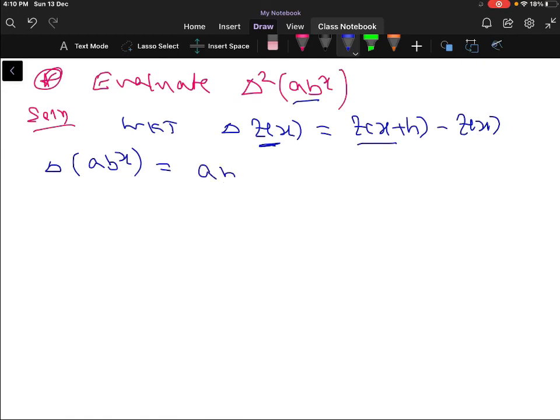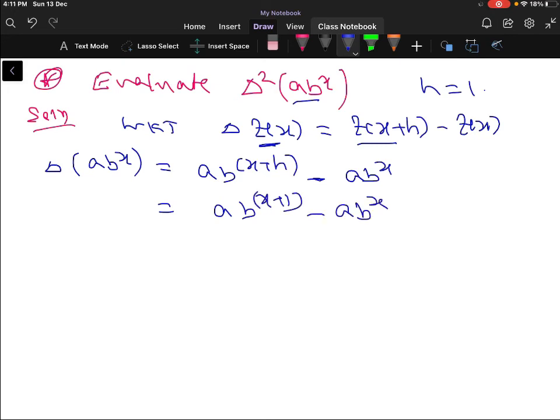But here a into b power x plus h minus a into b power x. So in the problem we have taken h is equal to 1. So when h is equal to 1, a into b power x plus 1 minus a into b power x.